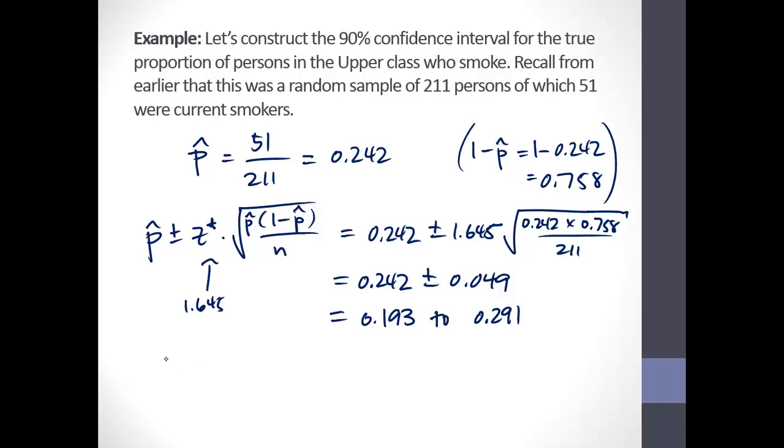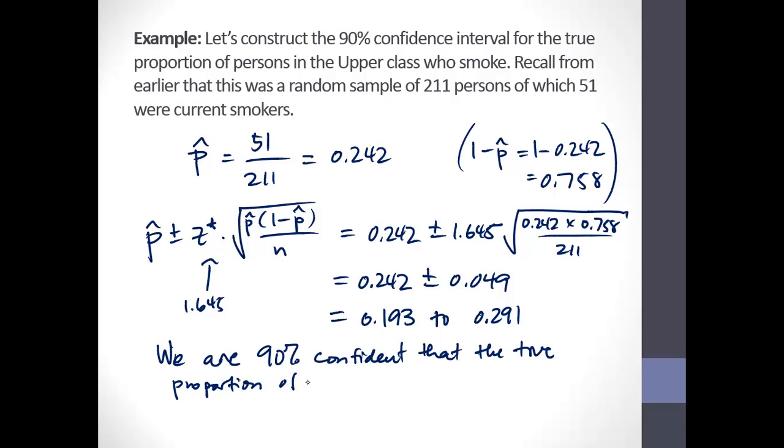So just like before, we'll say we are 90% confident that the true proportion of upper class smokers is between 0.193 and 0.291.